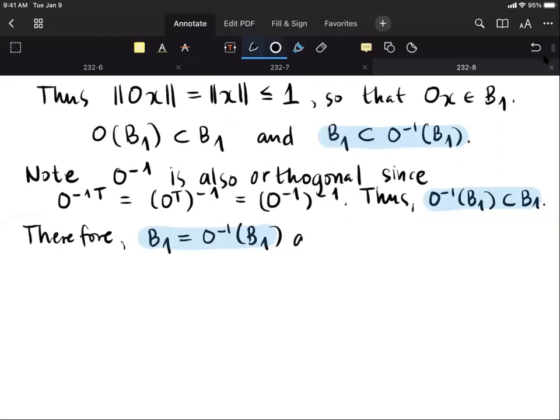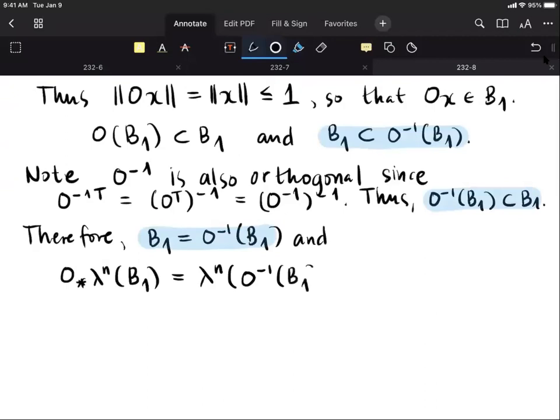And as a result, starting from this image measure of the closed unit ball, by definition, this is lambda n O inverse B1, but this is equal to what? Lambda n B1, according to this part.